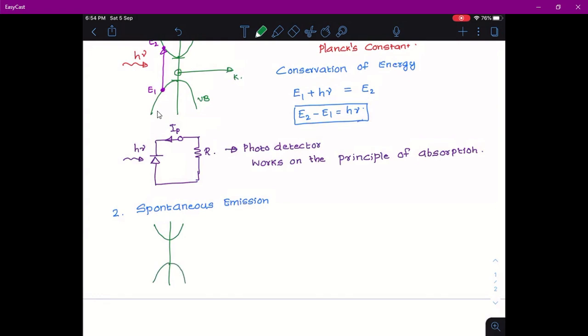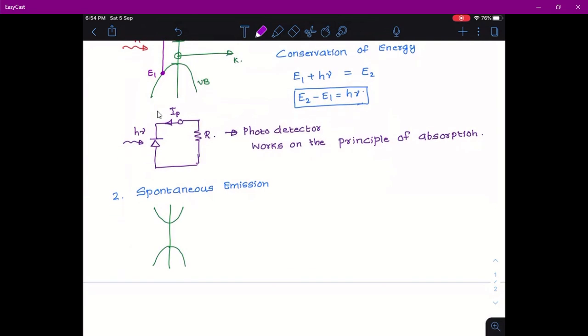So here, instead of an electron jumping from valence band to conduction band, an electron E1, which is in the conduction band, will jump to energy level E2, which is in the valence band, spontaneously.